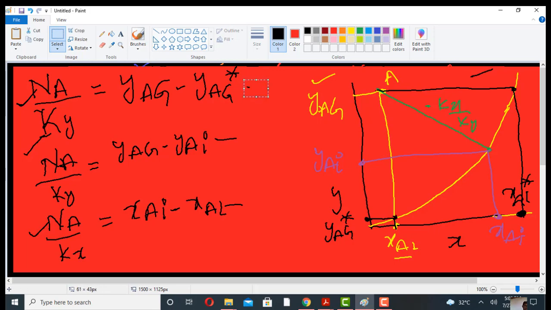From these three equations, YAG minus YAG star, suppose equation A, will be equal to YAG minus YAI plus YAI minus YAG star. So the interfacial concentration will be cancelled out, because this is difficult to find.